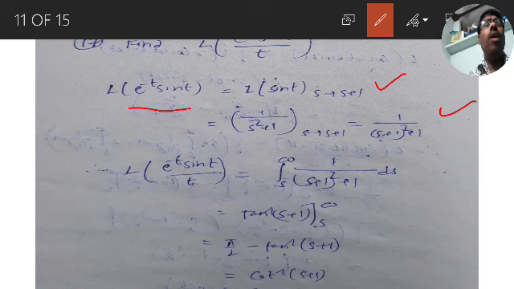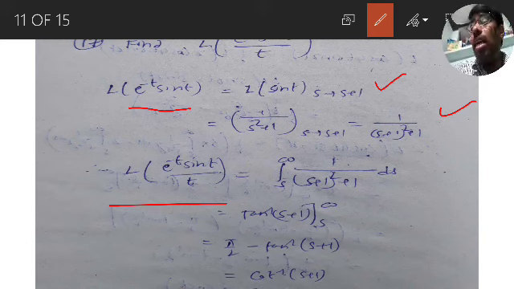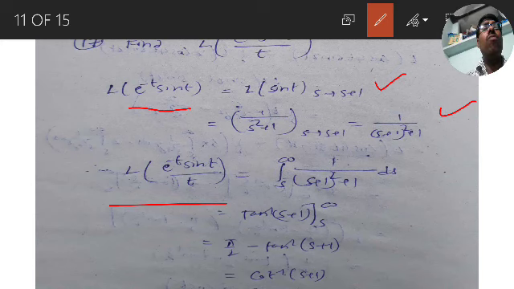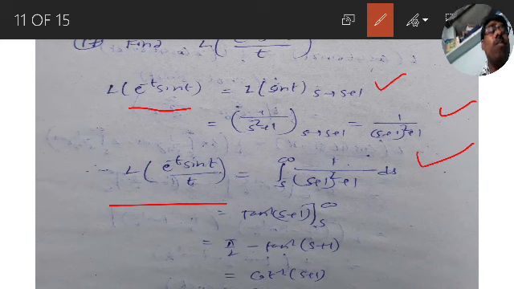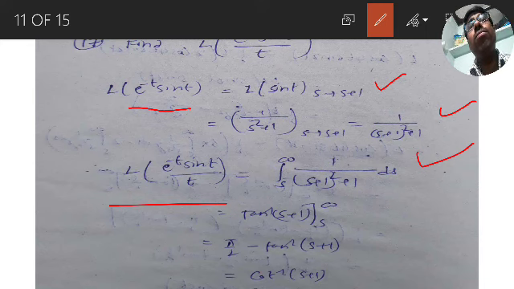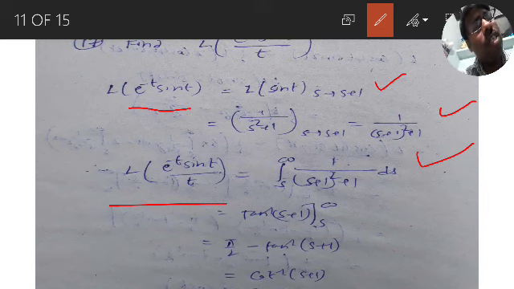So apply the division method. L of e power of minus t sin t by t is the integration of f bar of s. What is f bar of s? 1 by (s plus 1) whole square plus 1. So integration from s to infinity of 1 by (s plus 1) whole square plus 1. Again the same formula. What is the integration of 1 by 1 plus x square?